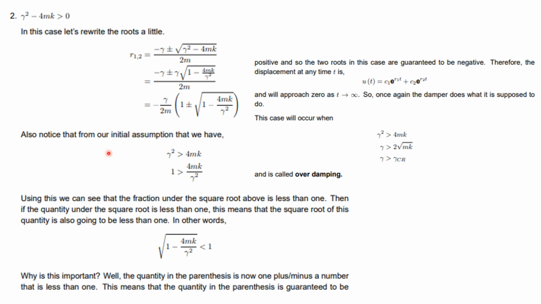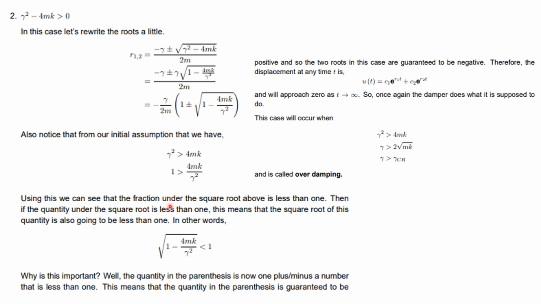Now, notice from our initial assumption that gamma squared is greater than 4mk. And we also then know that 4mk over gamma squared is less than 1, and we get that because if we were to divide both sides by gamma squared, we have 1 there, and we have 4mk over gamma squared.